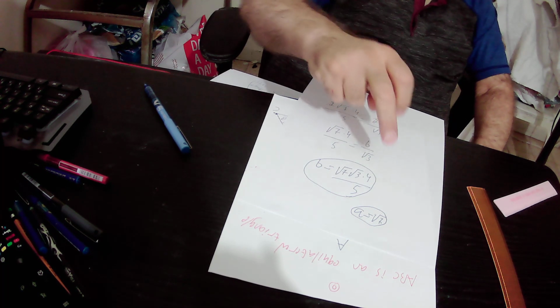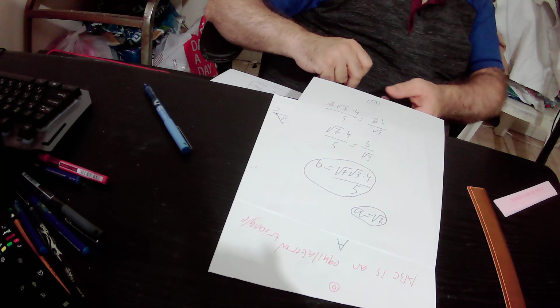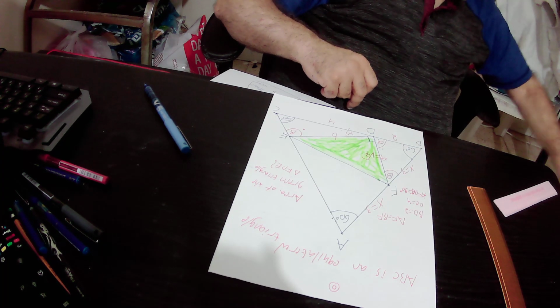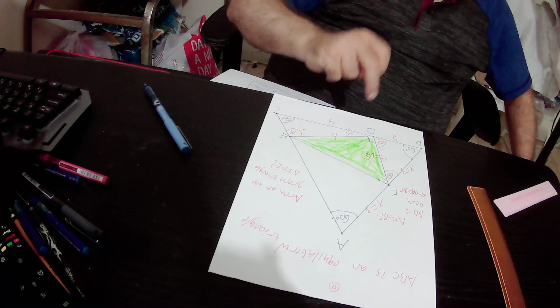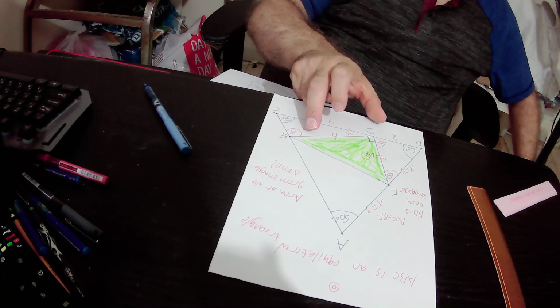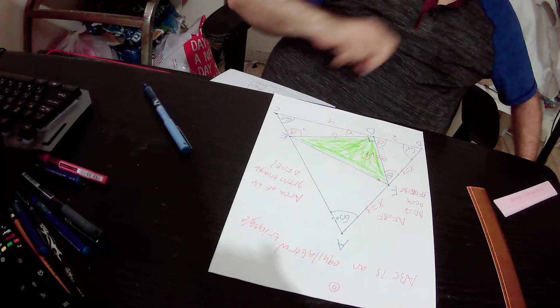And we have already found the value of A. The value of A is root 7 units. So the area of the green triangle, that is also a right triangle, equals the base of the triangle, that is B, times the height to the base, that is A, over 2.